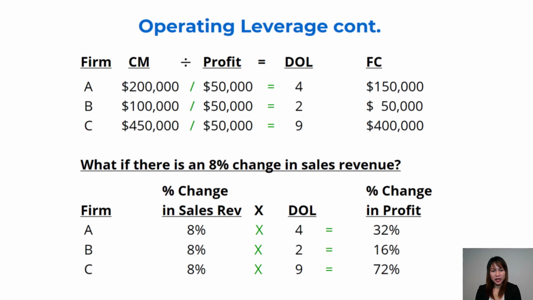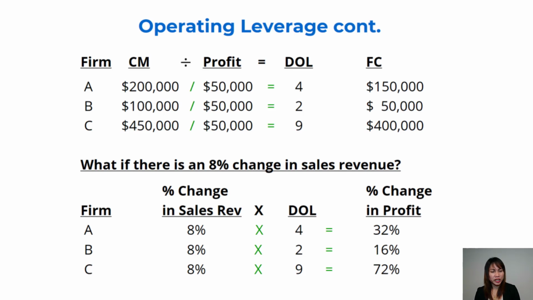For firm A, 8% change in sales revenue times 4 degree of operating leverage equal to 32% change in profit. What does that mean? If there is an increase of 8% in sales revenue for firm A, then firm A will have an increase in profit by 32%.